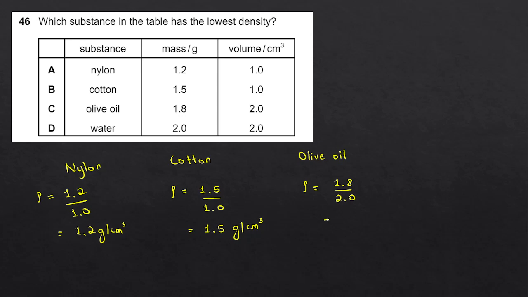So 1.8 over 2.0 is 0.9 gram per cm cube. Then in the end we have taken water. Density equals 2.0 over 2.0. So this is 1.0 gram per cm cube.